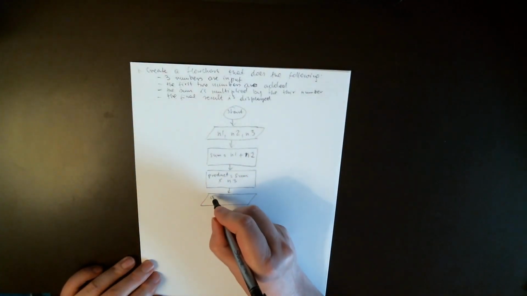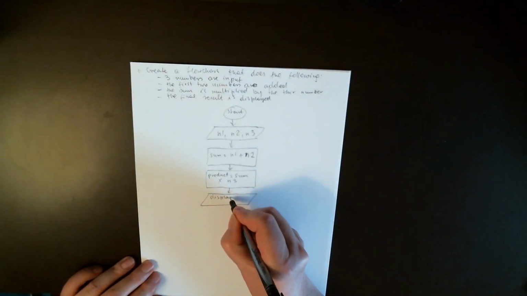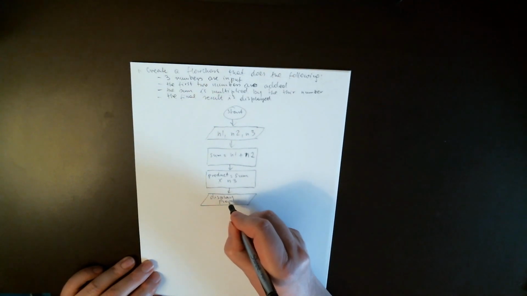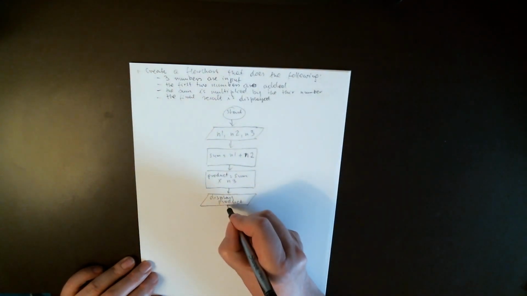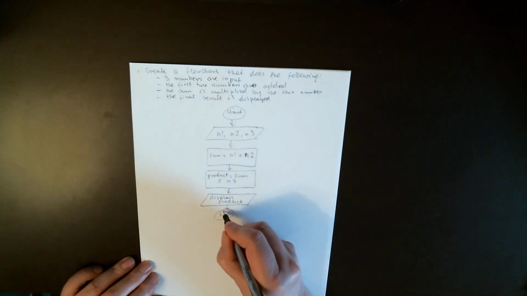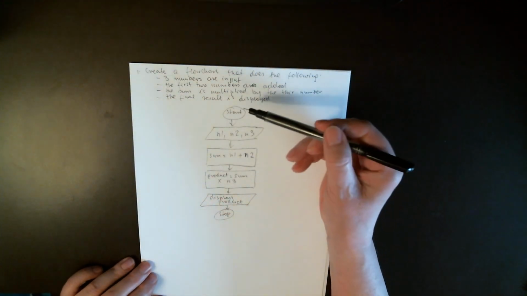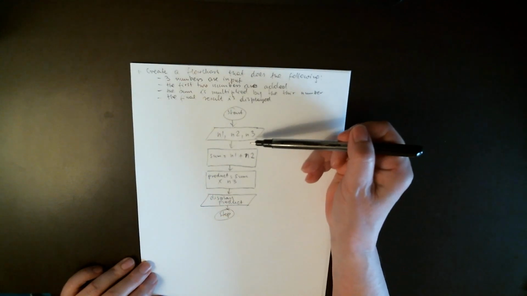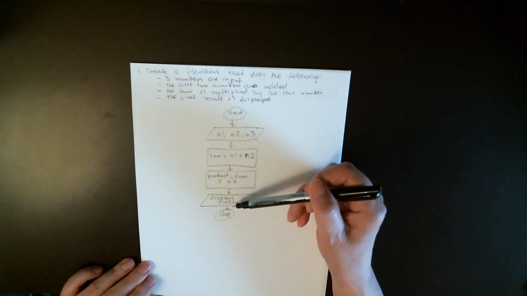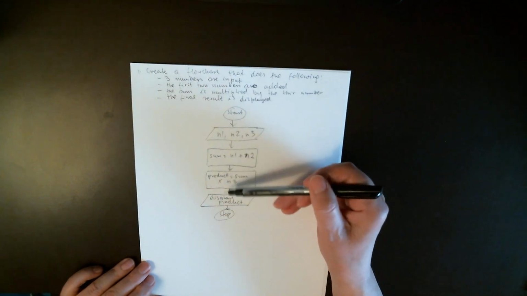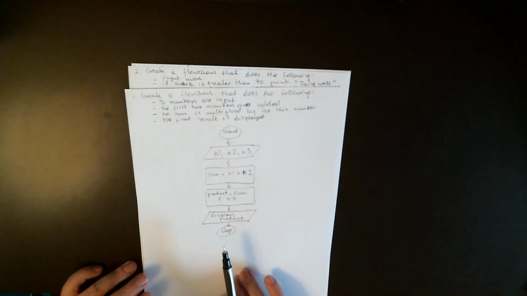So we have to display product. And that's it. That's all. Now we're going to say stop. Yay! So another sequential one. Input the numbers, do something to them, do some more to them, then display the final part, which we calculated, and then stop. Our first flowchart for today.